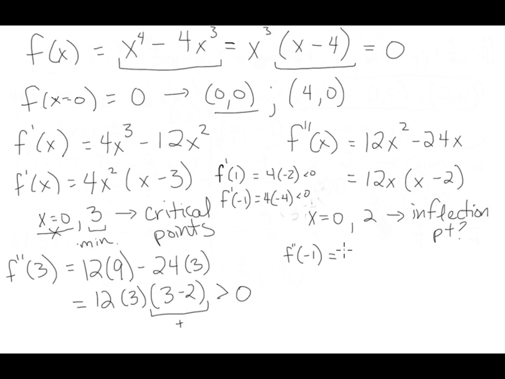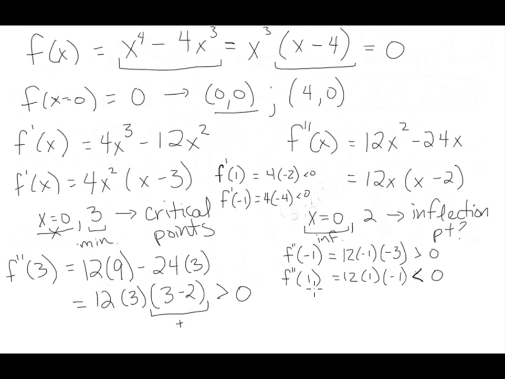So I have 12 times negative 1 times negative 1 minus 2. I have 2 negatives multiplied together, which gives me a positive, so that's greater than 0. I take the second derivative at 1. I have 12 times 1 times 1 minus 2, which is negative. So that is less than 0. So in other words, the concavity does change, and this is an inflection point.